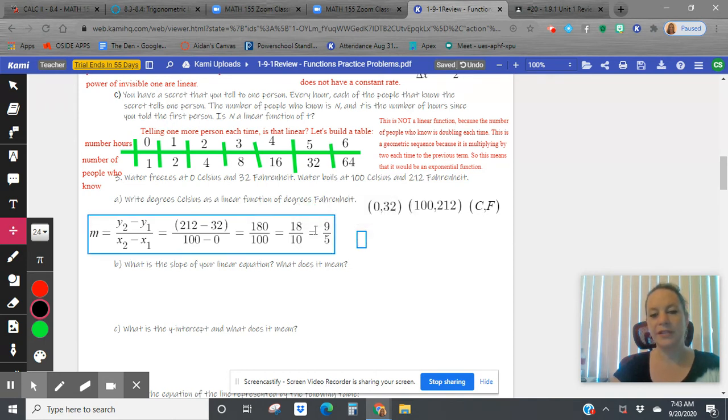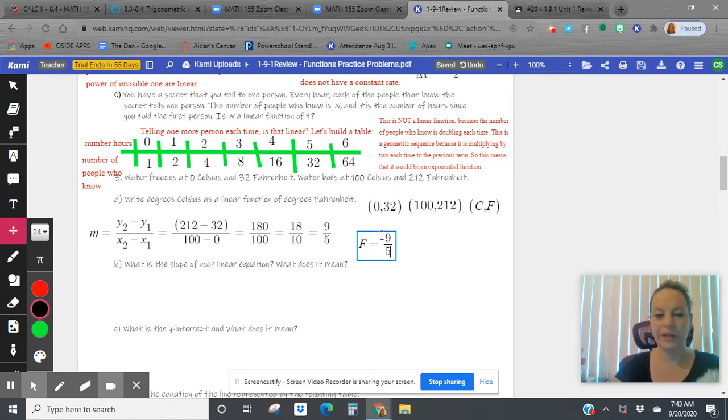So now that we have a slope and we have an x1 and a y1, we can say y equals, and by the way, we're going to use c and f. So f equals 9/5 c plus 32.